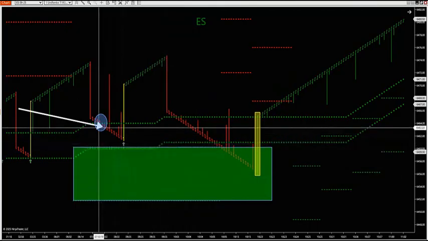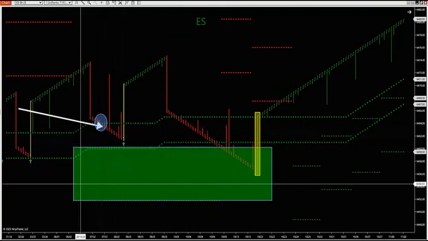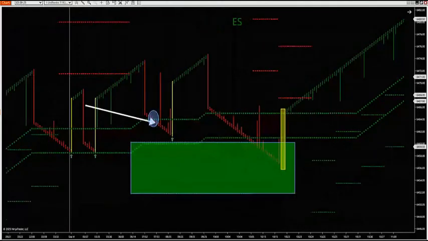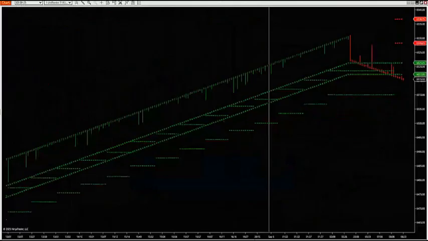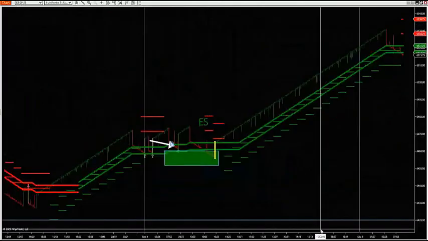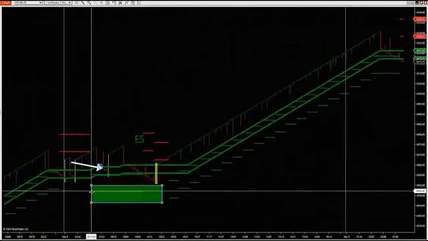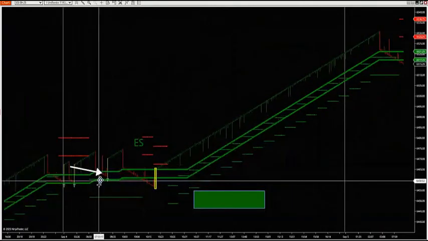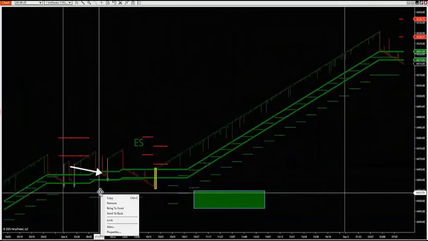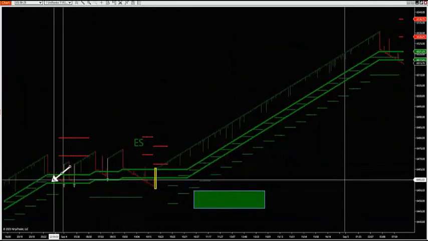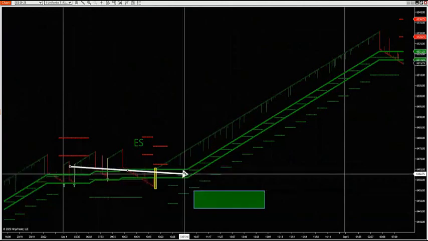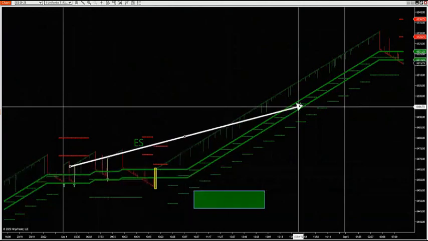But basically, in summation, for a recap of yesterday, let's look at the entire session. If I take this out, you'll see we have a green trend filter. They run parallel with each other. So this is our trend filter zone.